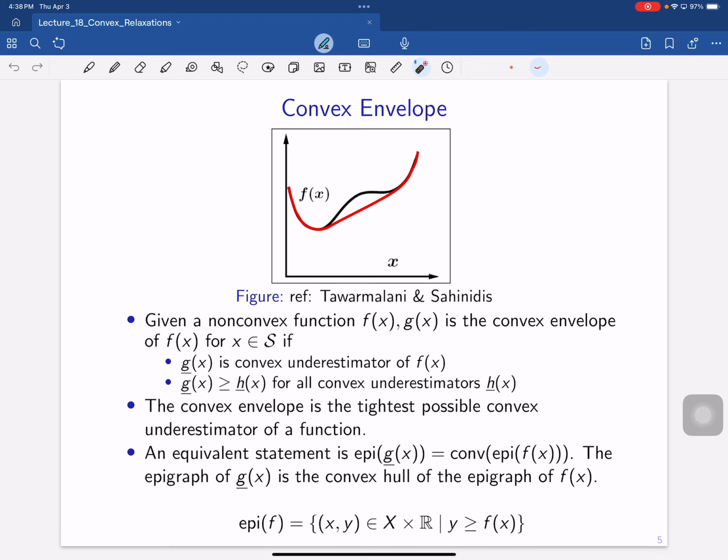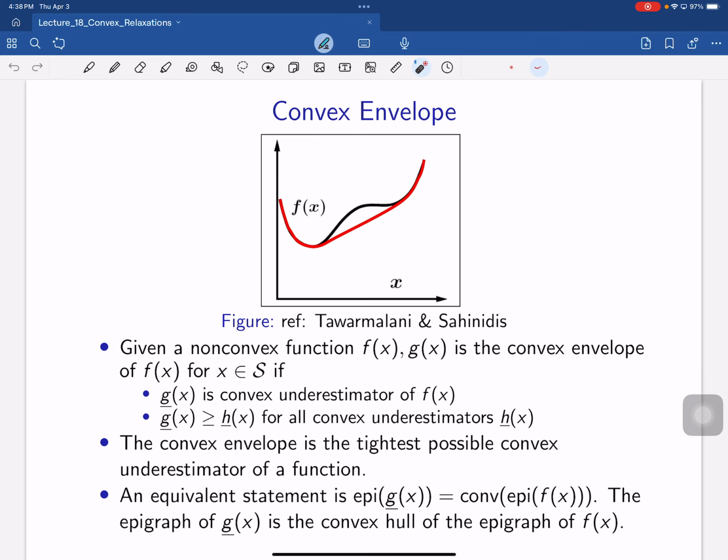Here, as you can see, I'm showing you f of x, a non-convex function, denoted by this black curve here. Now you can come up with different convex relaxations for this black curve. For example, you could come up with a relaxation like this, or like this.